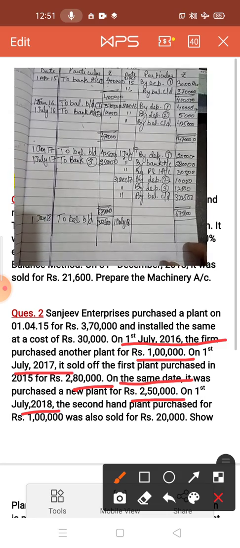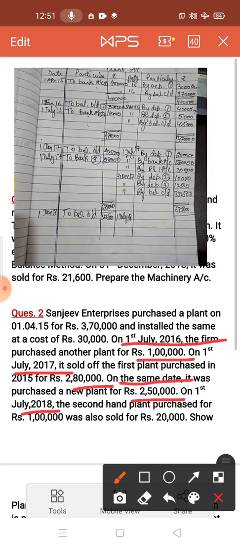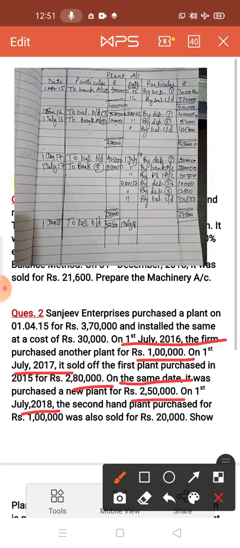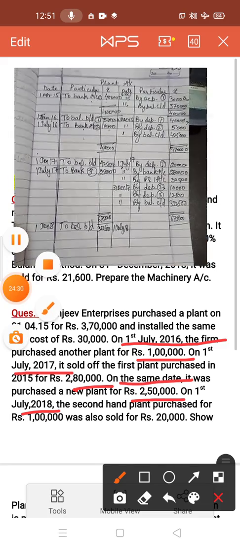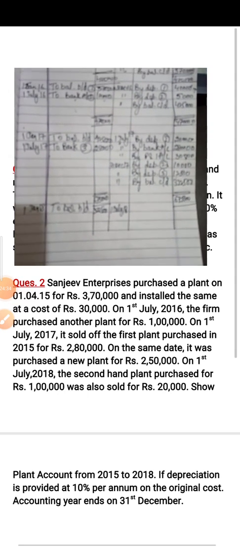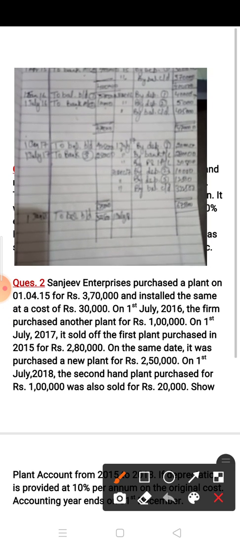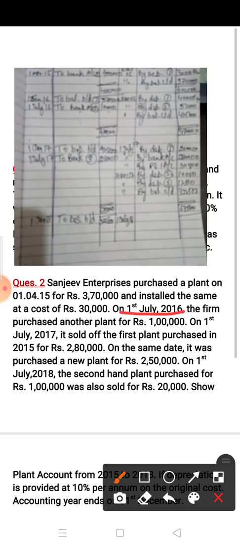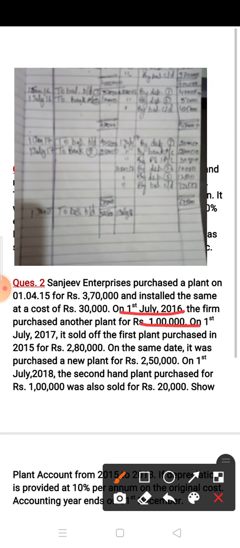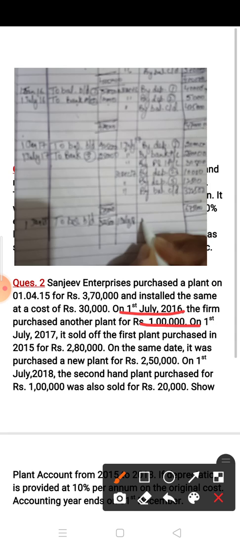Now see, the second plant was purchased in July 2016 for rupees 1 lakh. It was also sold on 1st July 2018.